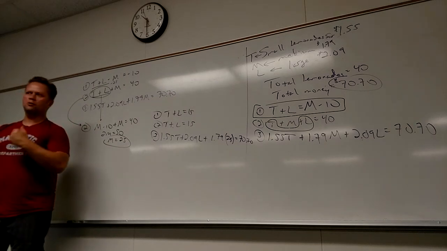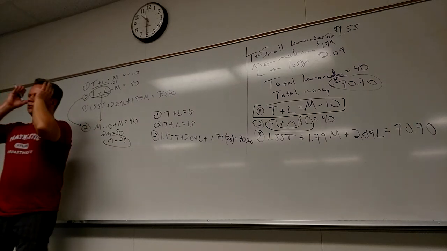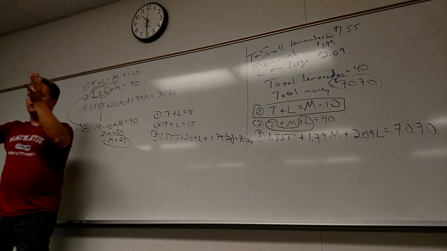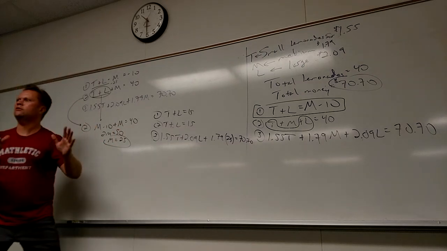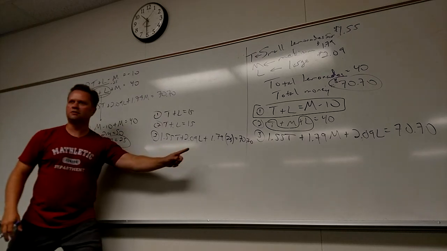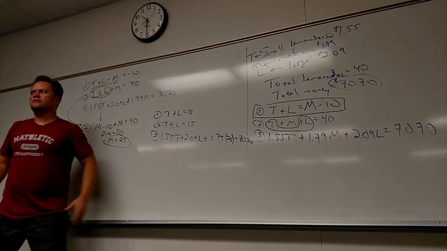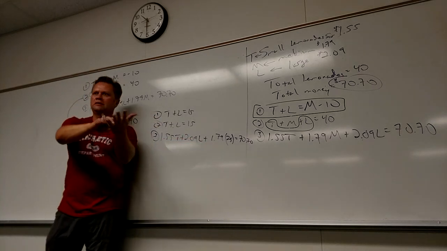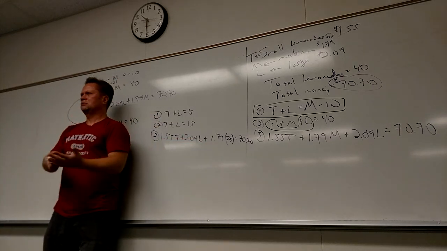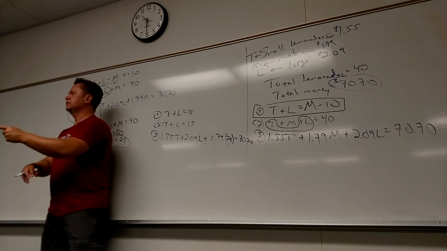Stay with me. I know the decimals are dominating your viewpoint right now. I don't care about the decimals. 2.09 is nothing different than 3. It just takes longer to write. It's just a number. But what is 1.79 times 25? I don't know. 44.75. Sure.